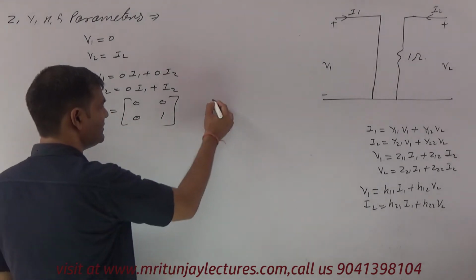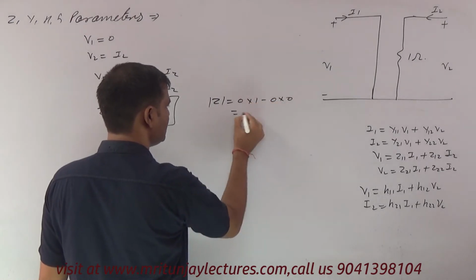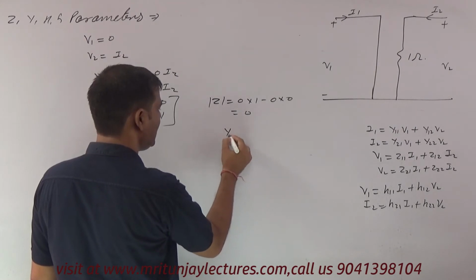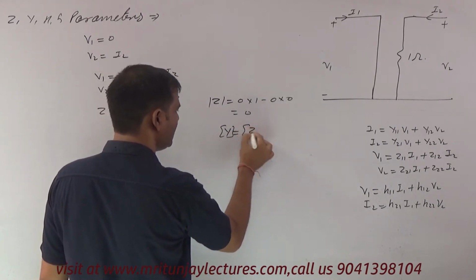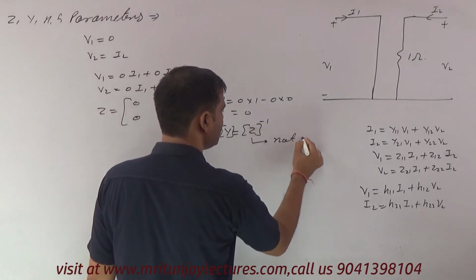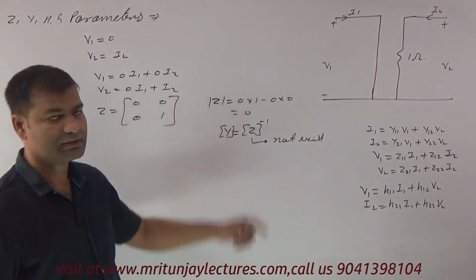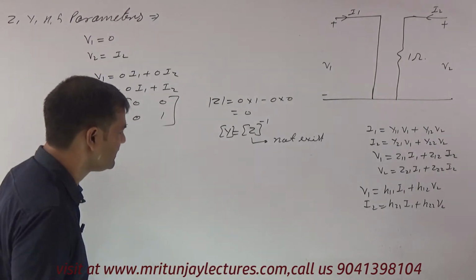What about mod Z? Mod Z is 0 into 1 minus 0 into 0, that is 0. So you can say that Y does not exist, because Y means Z inverse. It does not exist because it is a singular matrix. Or you can say all parameters are infinite, that's why.